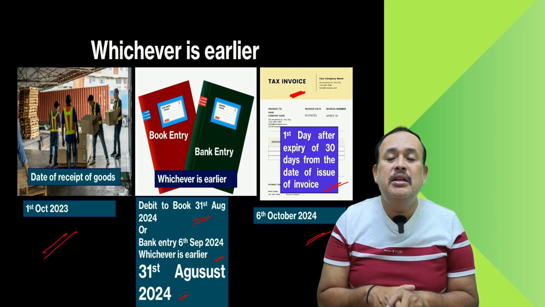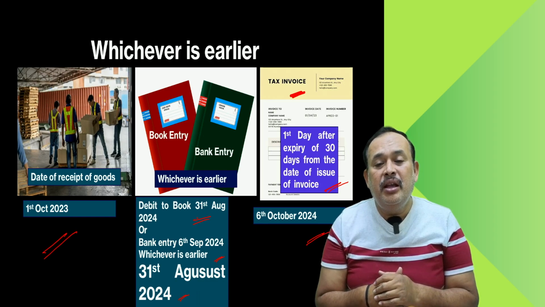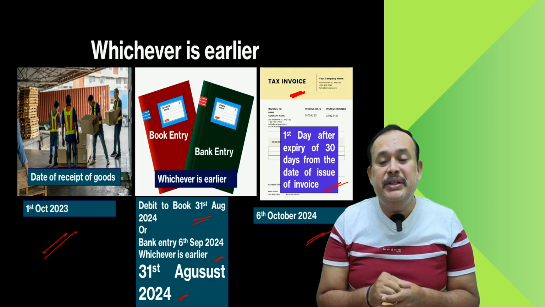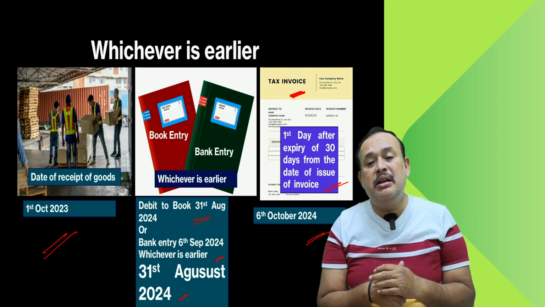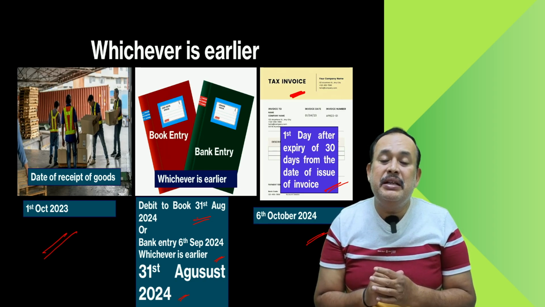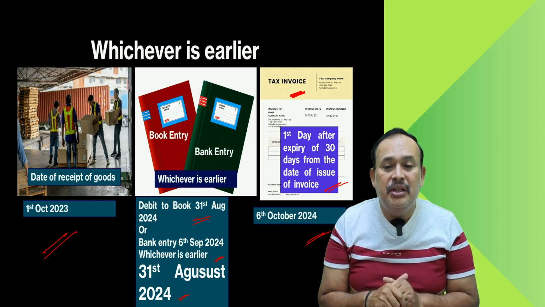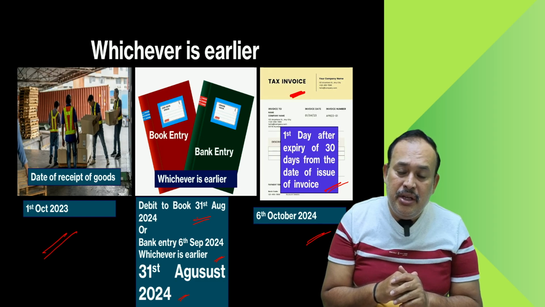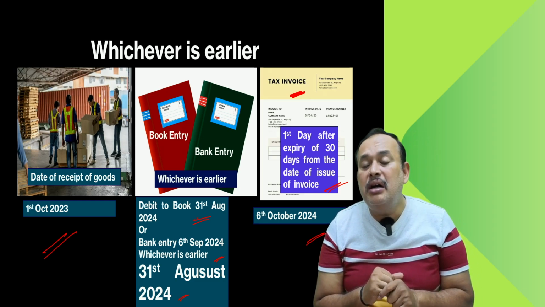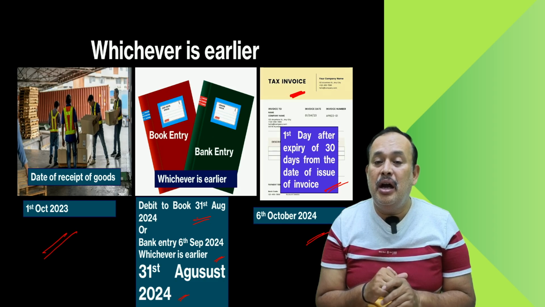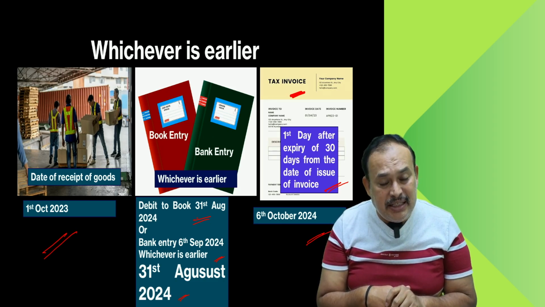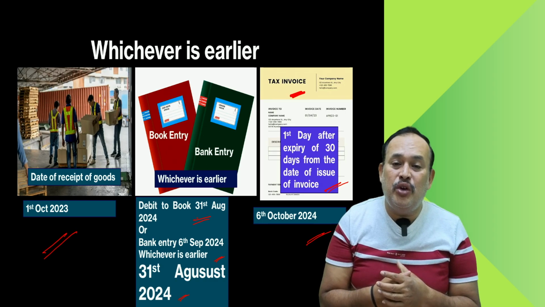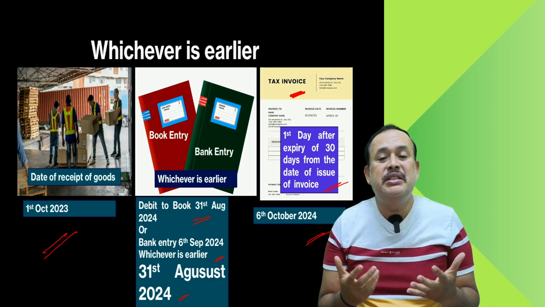In the case where goods are supplied by a supplier, where the RCM reverse charge mechanism applies, where the recipient is going to pay the tax, the time of supply is the date of receipt of the goods, date of payment, or first date after expiry of 30 days from the date of issue of invoice. Among the three, whichever is earlier.